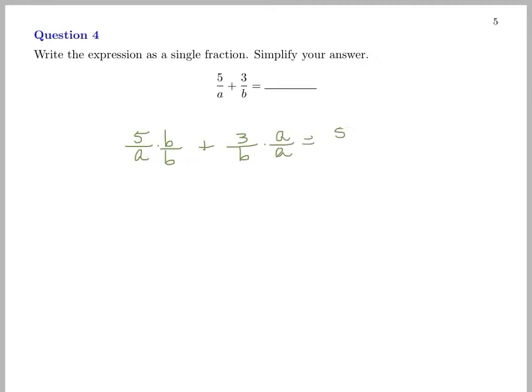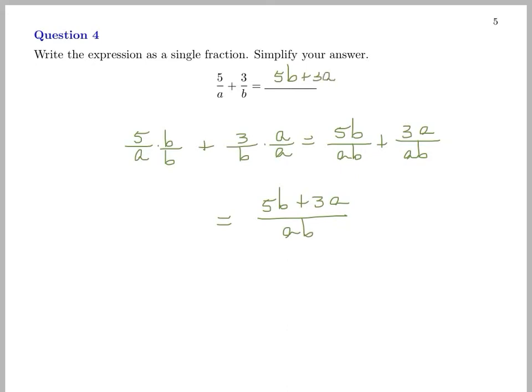And so we get 5b over ab plus 3a over ab. And now they have the same denominator, so we can add the numerators, 5b plus 3a over ab. So that's our fraction, 5b plus 3a over ab.